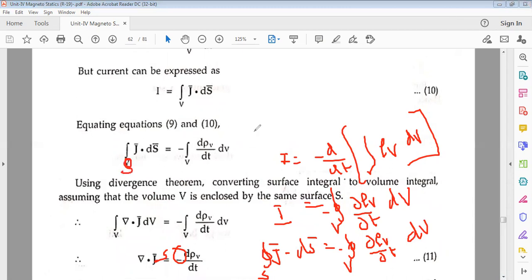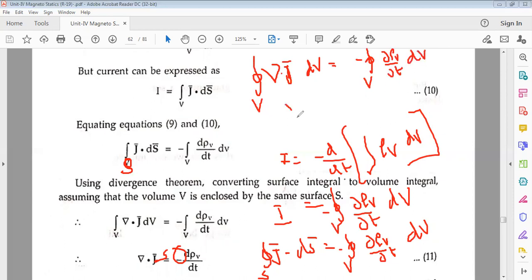So the surface integral is converted to a volume integral by using the divergence theorem, by the del dot J̄ dv. Now it becomes a volume integral, and on the right-hand side also a volume integral, ∂ρv/∂t dv.